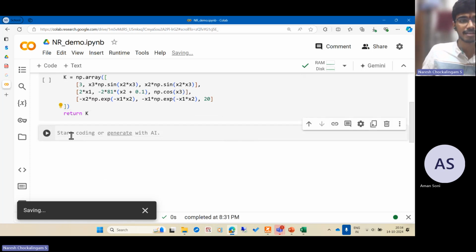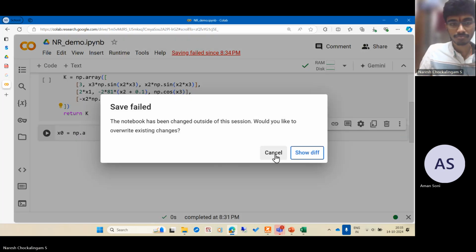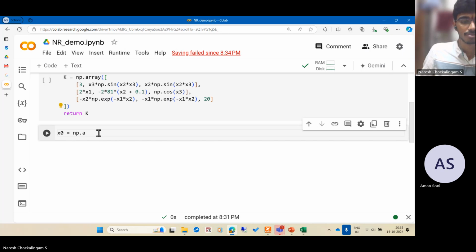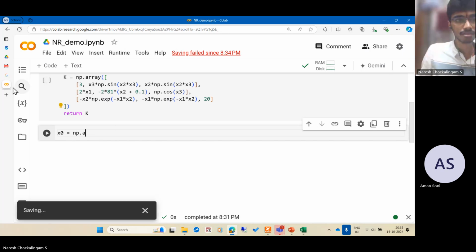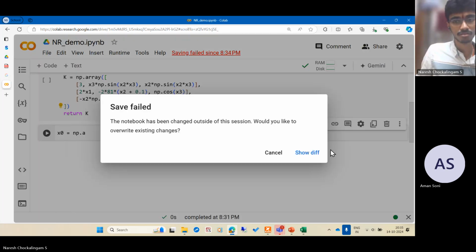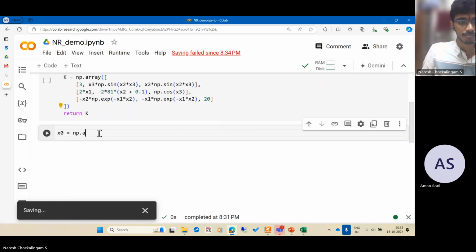So what is the next step? We can write the code. So start with x0, as they are given. So start with the given array 0.1, 0.1, 0.1.